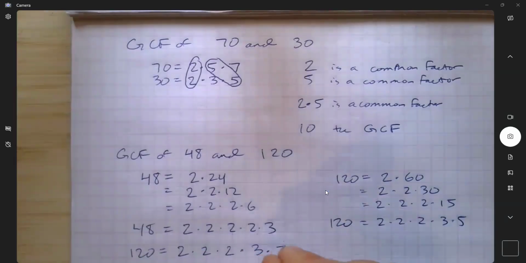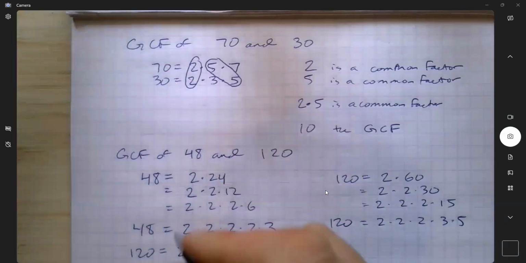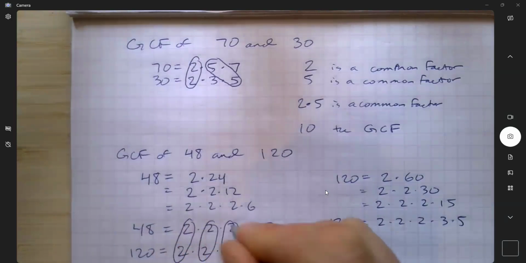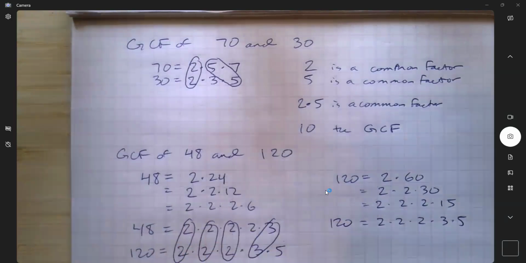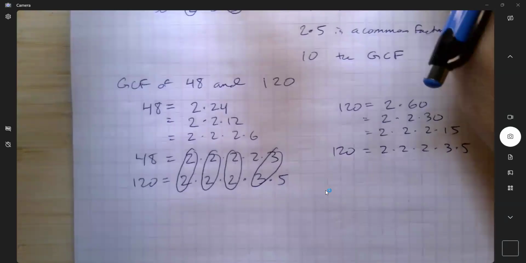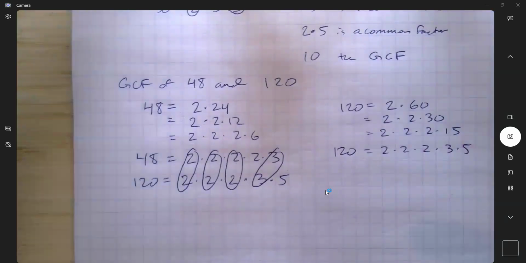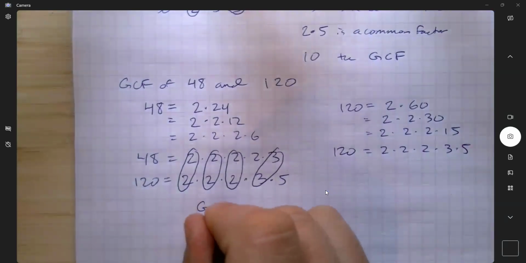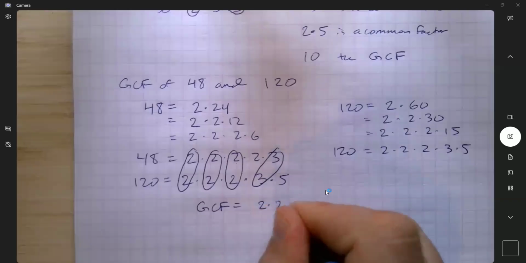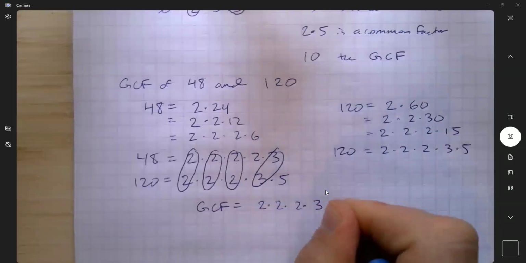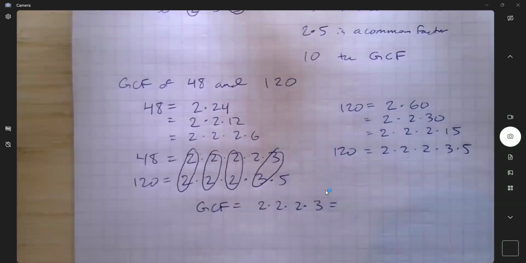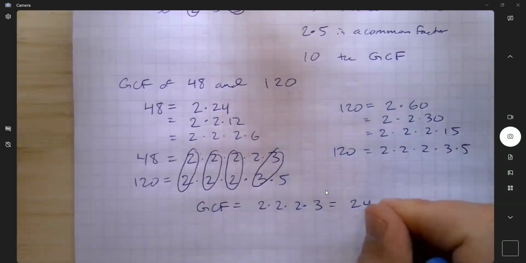And I just stack one above the other. And I look for shared primes. There is a shared prime. The 2 shows up as a partner 3 different times. And then I also have a 3 that shows up as a partner. So my greatest common factor is the 2 times the 2 times the 2 times the 3, which is 24.